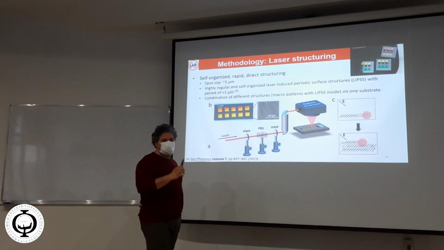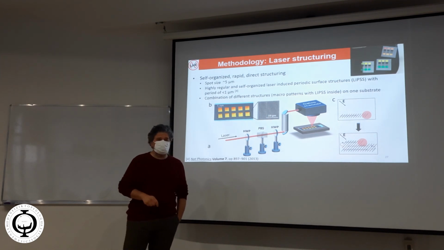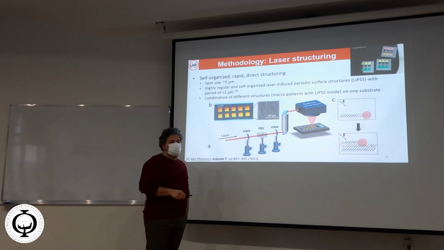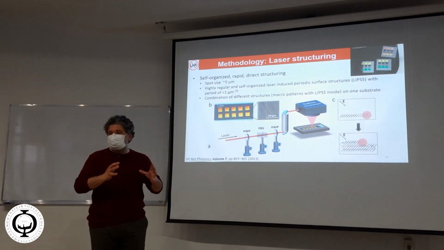What you observe is that if the parameters are right, there start to form these highly regular patterns in a self-organized fashion. In other words, we are not engraving them line by line, but our spot size is much larger than 1 unit. The structuring occurs in a completely self-organized fashion at a scale which is smaller than the focal spot size.